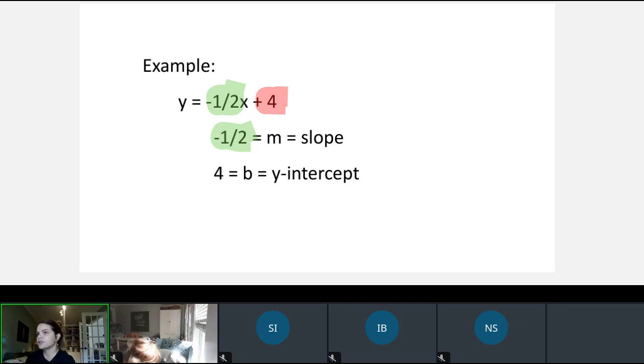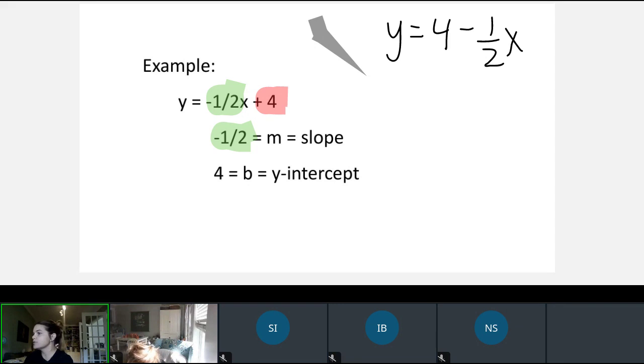It's the number without an x. So what if they flipped it around on us? Like sometimes they like to be tricky on the STAR test. And they said 4 minus 1/2 x. Your slope and y-intercept are still going to stay the same. Okay, your y-intercept is still the number without the variable. I know, those STAR people. Sometimes they like to be super tricky.